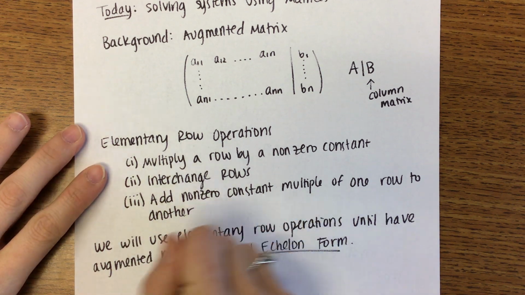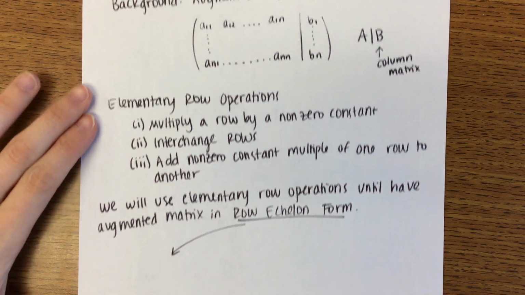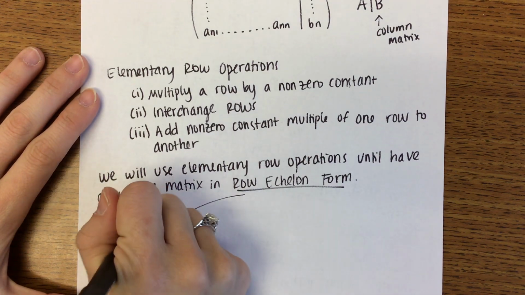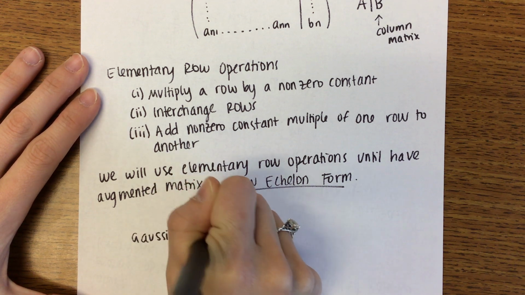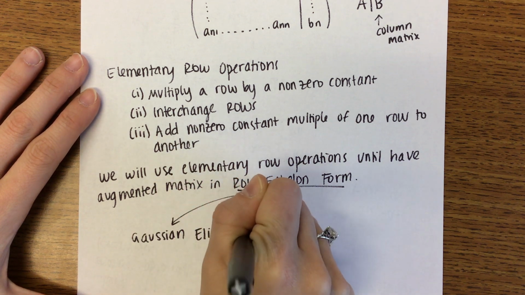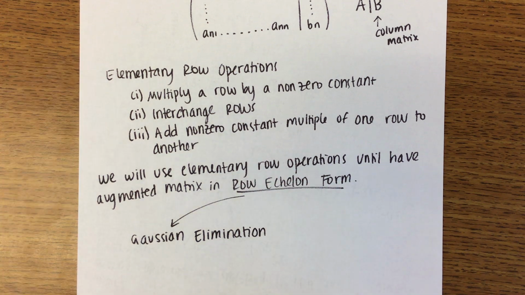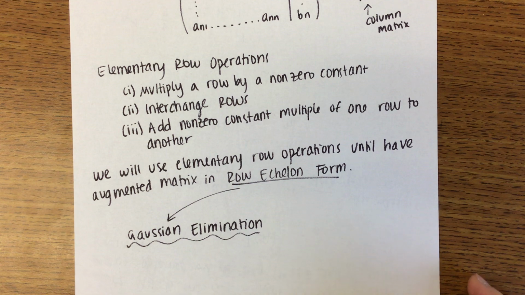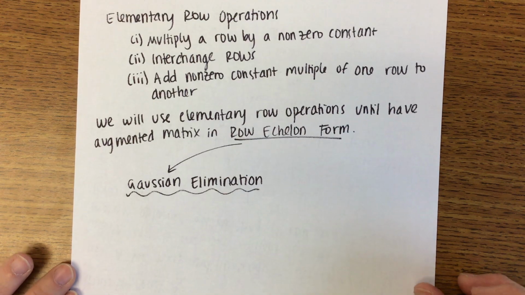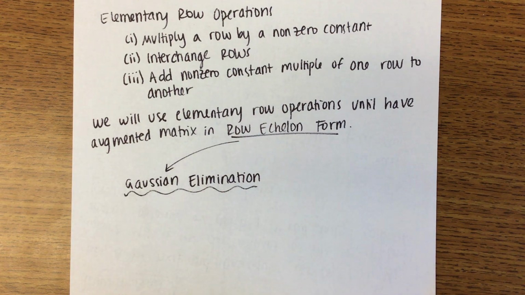In order to get an augmented matrix into row echelon form, you're going to do what's called Gaussian elimination. Gaussian elimination is the process that gets us to row echelon form.